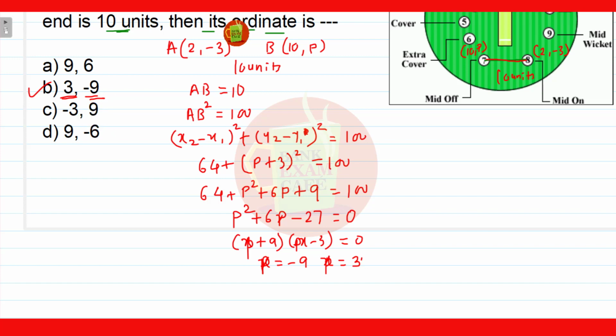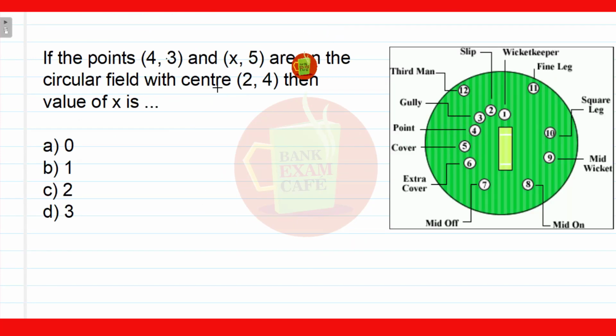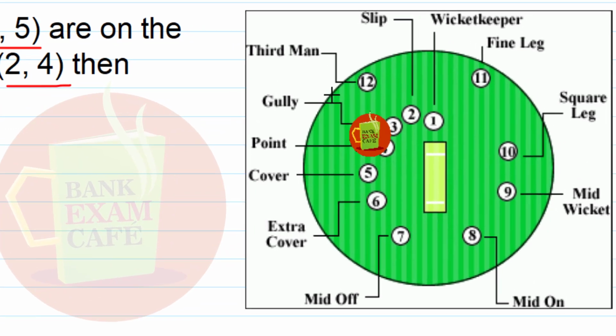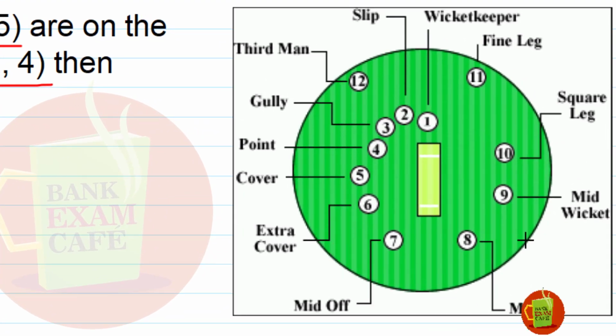Now move to the next question. If the points (4, 3) and (x, 5) are on the circular field with the center (2, 4), then the value of x is. It is given that there are 2 points on the circular field.